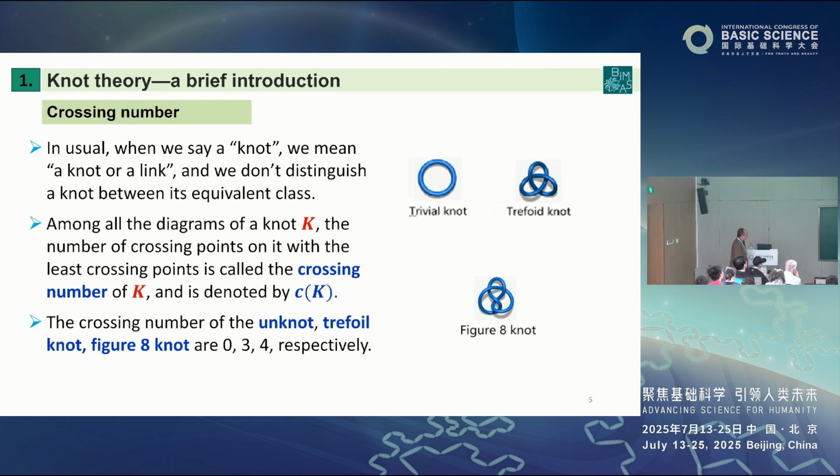So among all the diagrams of a knot K, the number of crossing points on the one with the least crossing points is called the crossing number, and it is denoted by c(K). It's clear the crossing number of the unknot, the trefoil, and the figure 8 knot are 0, 3, and 4, respectively.